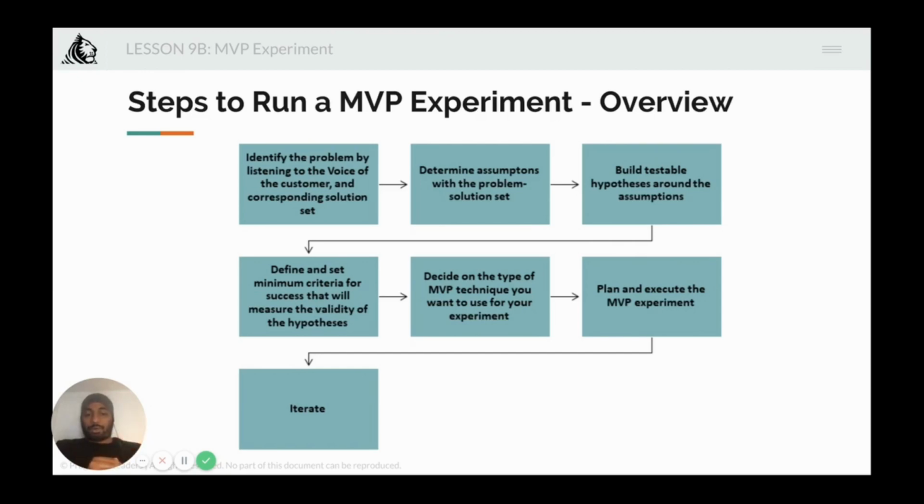Now once you have defined what you are testing, the next thing is you have to determine, like in those chemistry and physics experiments, the minimum criteria for success that will measure the validity of the hypothesis. So let's say the experiment is to determine whether the person can cook or not.